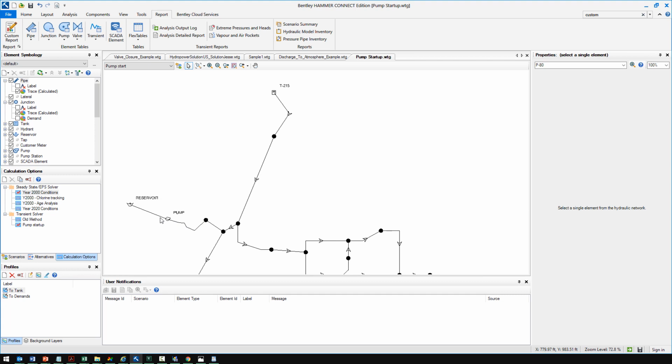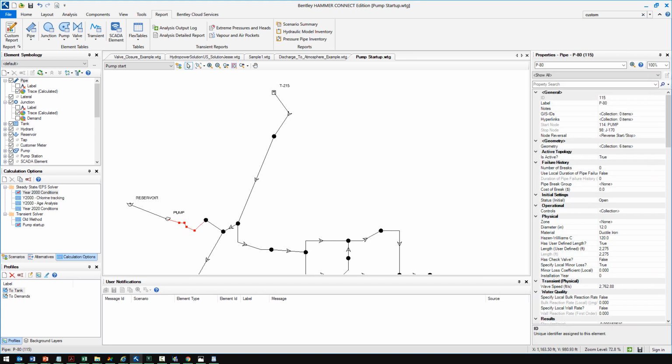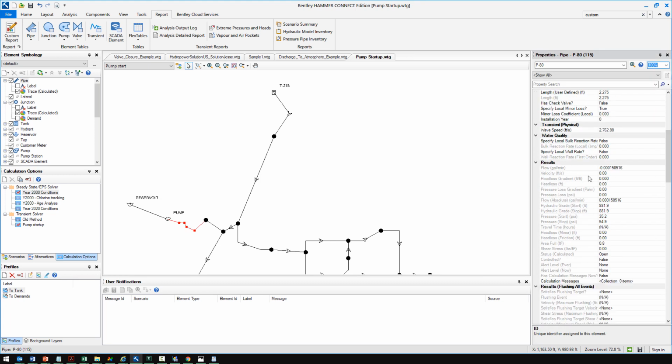I mean, even if you have a pump that's off, if we were to take a look at this pipe here, you can see there is still a 0.0001. There's a tiny flow still there, and that could be considered numerical noise, basically, as a result of the convergence. So the model has converged at an appropriate tolerance, but there is a tolerance. It can't be a perfect exact 0 in all cases.